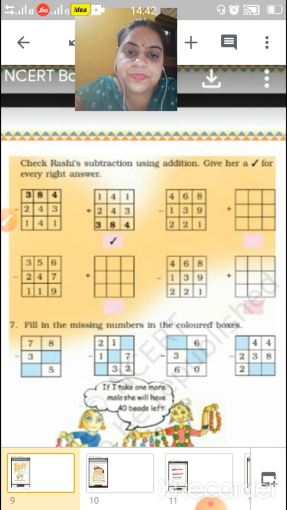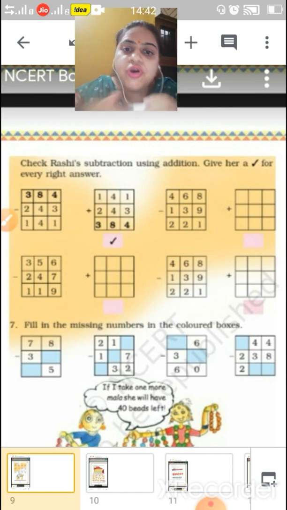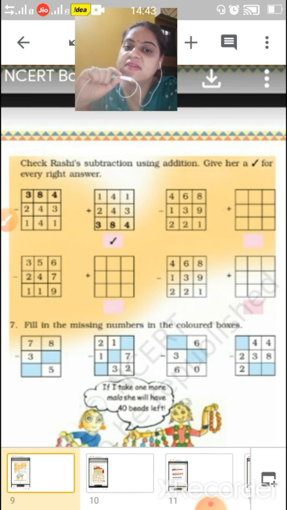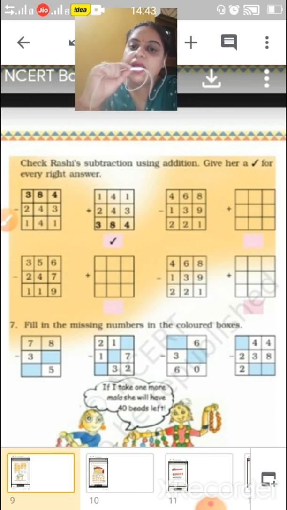Understood? So we have to add these two, then we are getting the next with the same. Same with that, what they have done, they have subtracted.